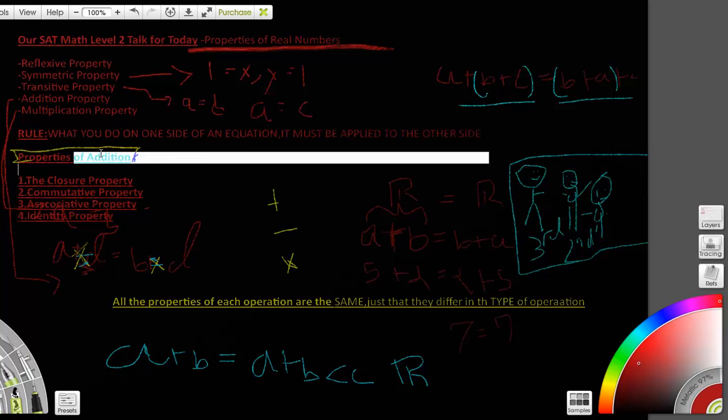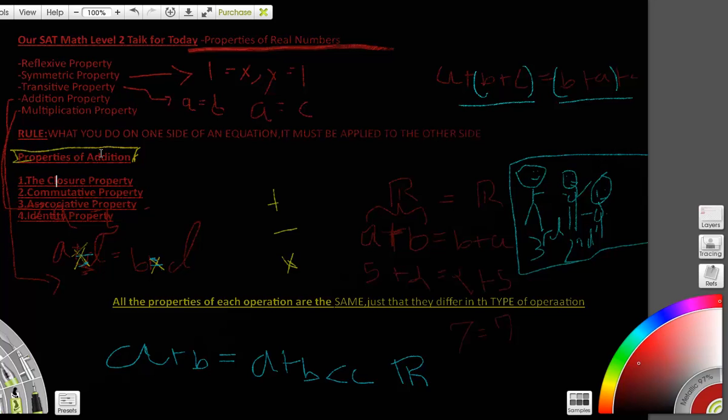So yes, you actually have to be specific and name what operation you're doing. On a test, you might not, because you know in your own mind what you're doing. So, identity property.